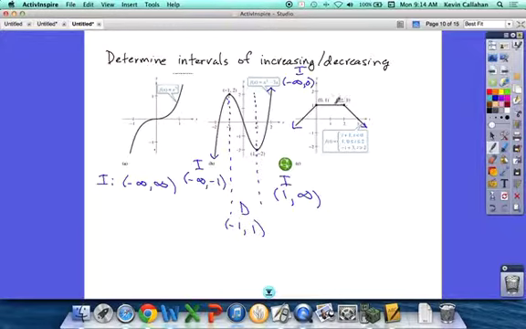And then it's constant from here to here, so that'll be 0 to 2, and then it's decreasing from 2 to infinity. Increasing, decreasing. Like I said, I think you probably see it. It's just a matter of naming it correctly. Don't use the y values.